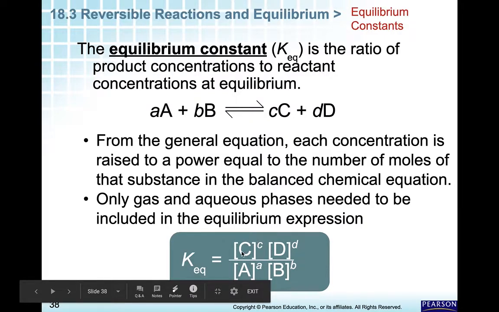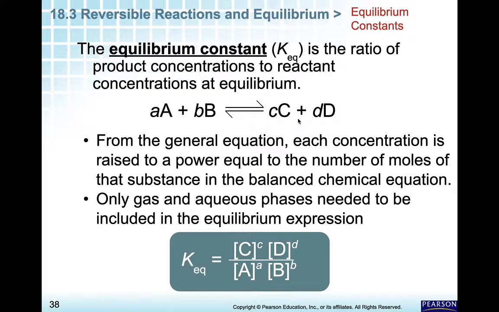So this is specifically saying the concentration of compound C. It's not moles of C, it's not liters of C, it's not grams of C, it's not any other measurement. The square brackets mean it has to be a concentration, a molarity, moles per liter of C. And second, we have raised each to an exponent that's given by its coefficient in the balanced reaction equation.